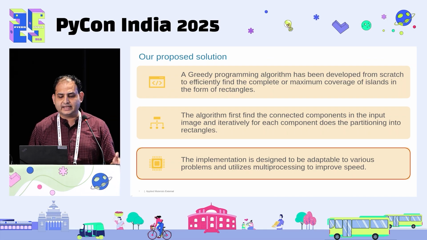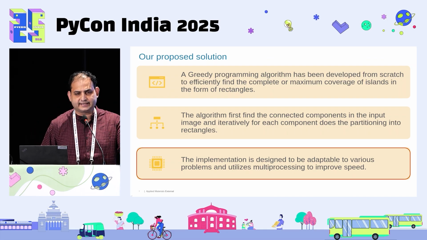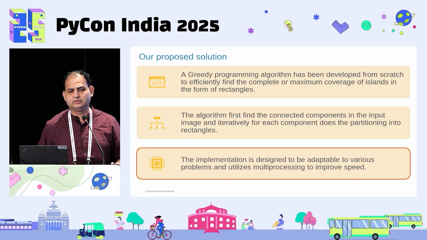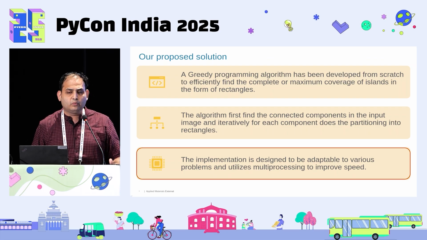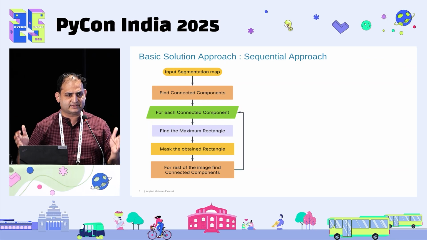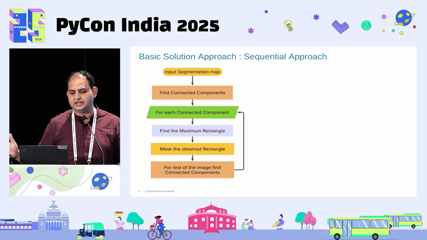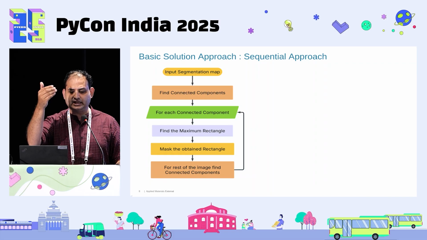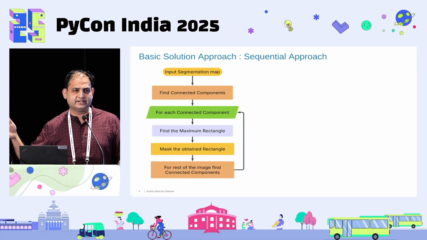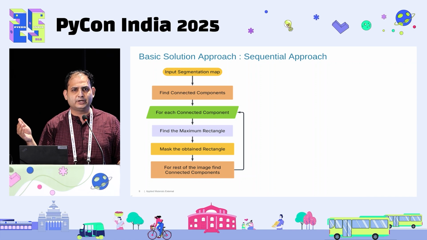Coming to the second part again, the algorithm first finds the connected components. I am not able to understand this through text, so let's see a flowchart. What can be a simple procedure to convert a complete segmentation map to a list of rectangles? First, we get an input segmentation map. We find all connected components from it. What is a connected component?